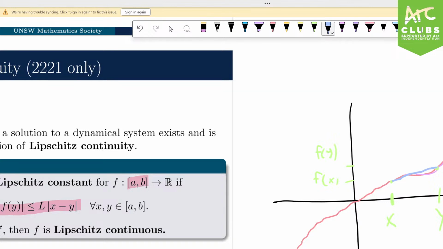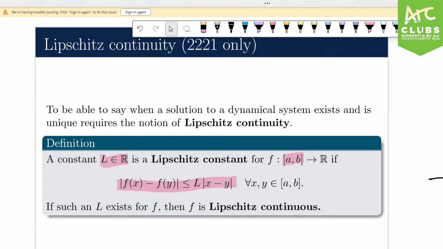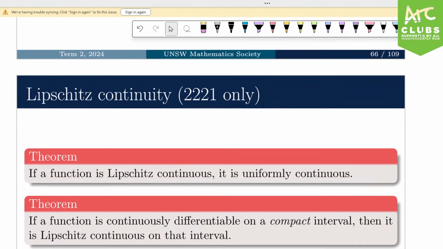So what it's saying is that the function effectively doesn't increase too quickly. There's always some kind of cone that you can trap this entire thing in, where the function never increases more than the steepness of this cone. So what it means is that our solutions don't just blow up to infinity, and we don't get any of that weird stuff happening.